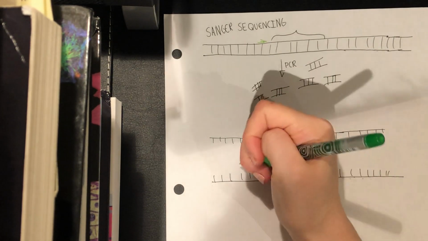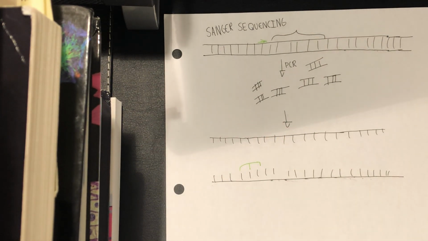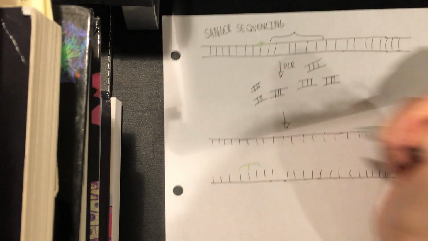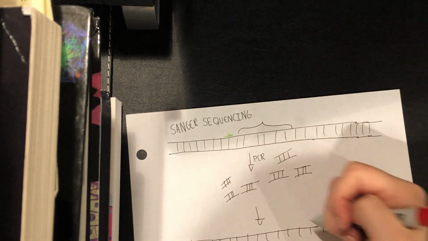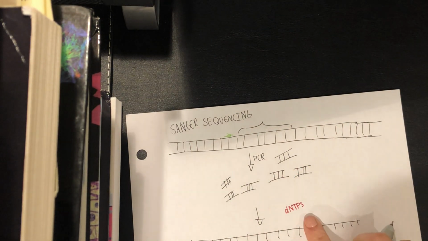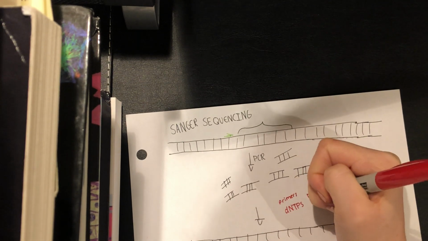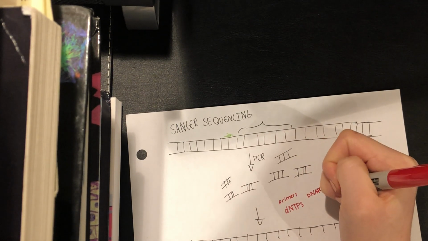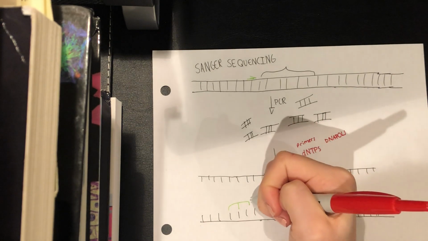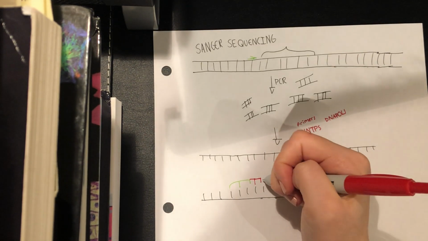And so your primer is going to come in and anneal to your denatured DNA. And then you're going to have DNA polymerase come in, and it's going to add dNTPs, which are just nucleotides, right? So in this reaction mixture so far, what we have is dNTPs, we have primers, and we've also put in a DNA polymerase, right? So DNA polymerase is going to start adding the complementary bases to this DNA strand, right?